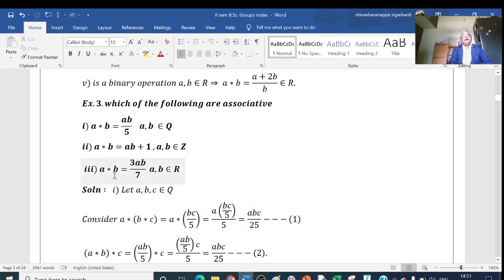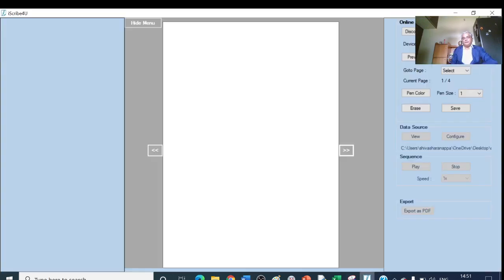Next one, A star B equal to 3AB by 7, where A and B belong to R. A star B equal to 3 into AB divided by 7, that is 3 by 7 into AB.